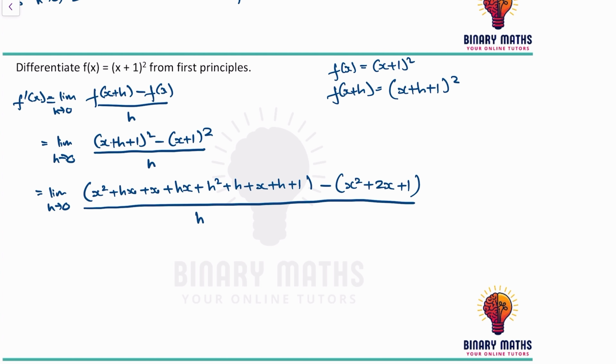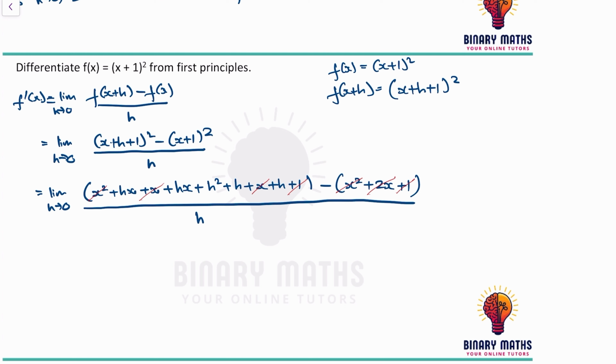Now let's see if something's cancelled out. x squared, take away x squared because there's a takeaway here. Let's swap that out. Okay, I get positive 2x in the first bracket and negative 2x, so these will cancel out, the 1 with the 1 there.